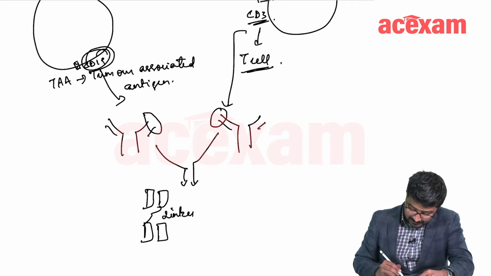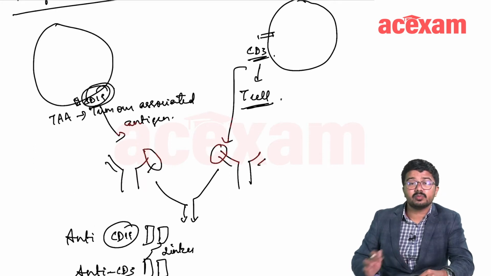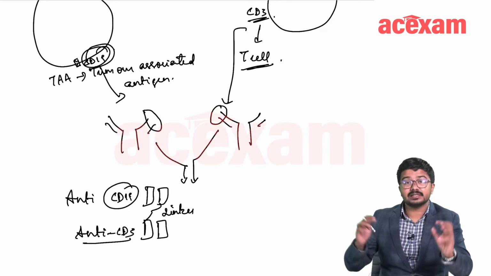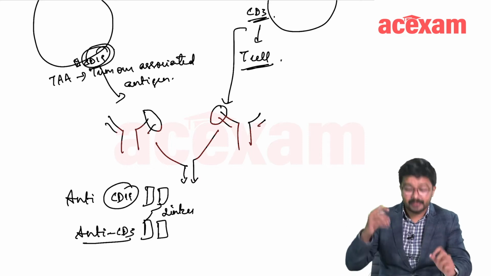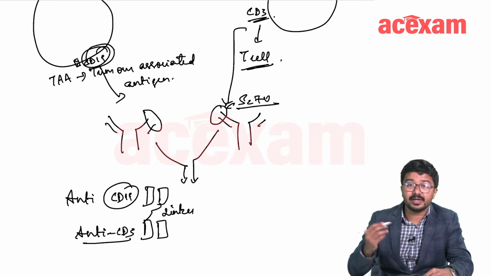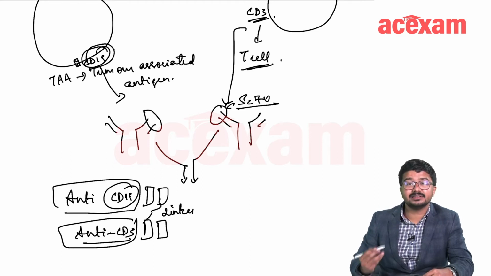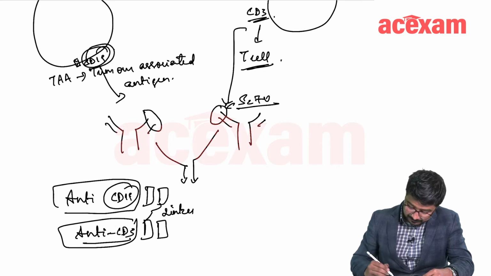So the first part is the CD19 part, we can say it as anti-CD19, and this is anti-CD3, right? Against both of these they developed monoclonal antibodies, and then the starting part, that is the variable part, scFv, of both the heavy and the light chain, against both of these proteins, they linked together. So this became a drug. The drug is nothing but blinatumomab.